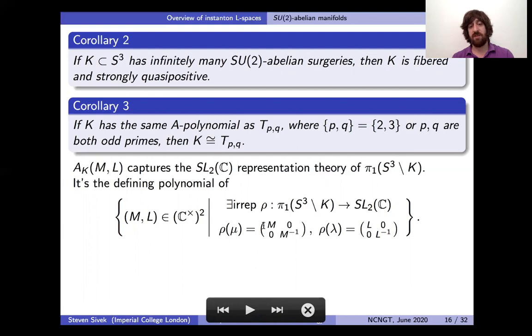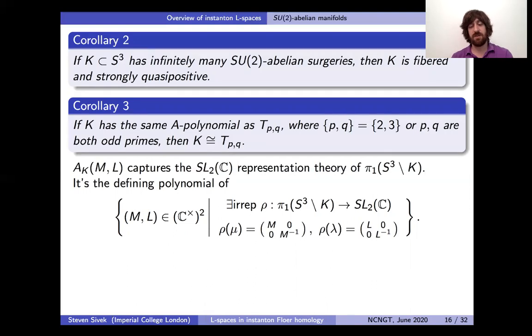So these have eigenvalues M for the meridian and L for the longitude. And you just look at all the pairs (M, L) that come from eigenvalues of these matrices. And this gives you, in fact, some curve plus possibly finitely many points in (C*)². And the A-polynomial is really just the defining polynomial of that curve in the complex plane.